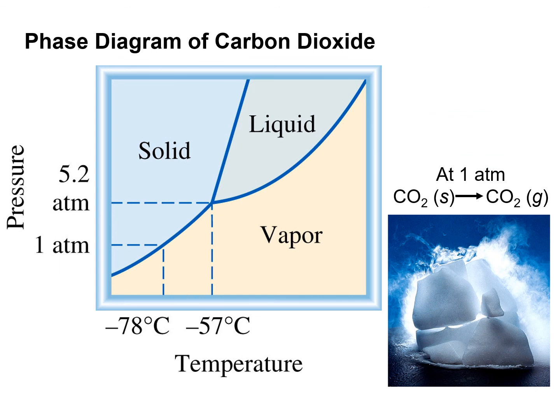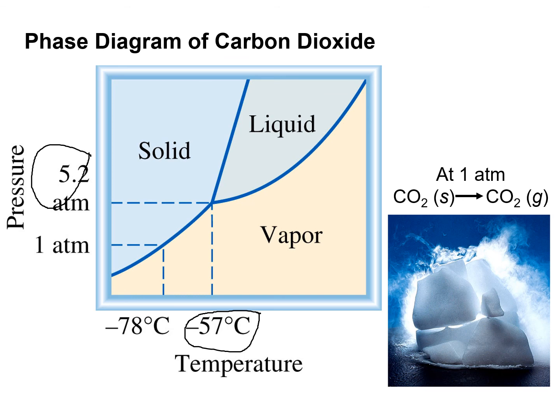One final slide, a phase diagram of carbon dioxide, which of course has different physical properties than water. We see its triple point. It occurs at 5.2 atmospheres and -50 degrees Celsius, so much higher pressure. Water's pressure at the triple point is 0.006 atmospheres. The curves are different, so the curves are going to be unique depending upon what the substance is.